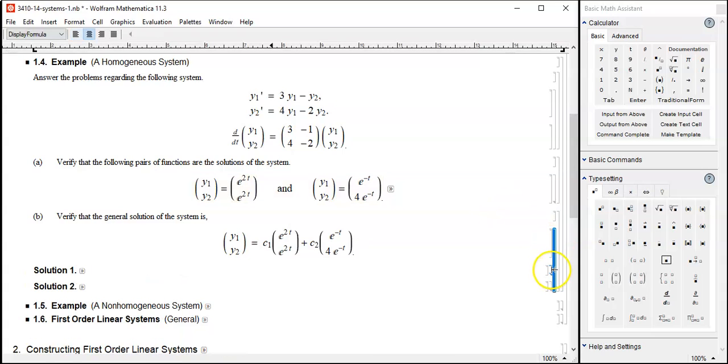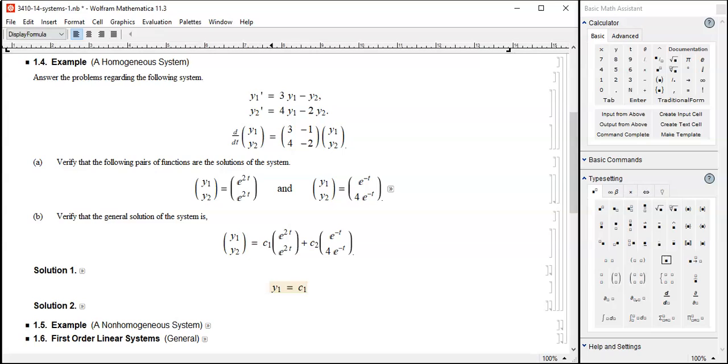Let's take the same viewpoint as solution 1, and forget about the matrices. y1 is c1 e to the 2t power plus c2 e to the negative t power, and y2 is the same c1 e to the 2t power plus 4 times c2 e to the negative t power. Did I get it right?